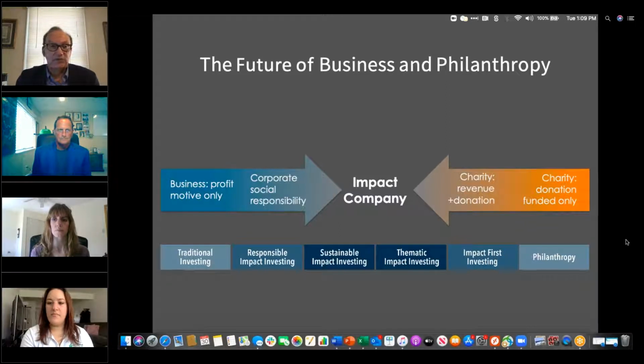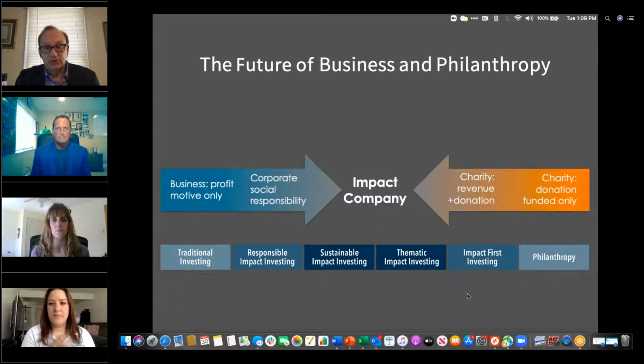Investments can be made into for-profit or nonprofit, but on the slide, the audience will see that this blend between for-profit and nonprofit meets in the middle in an impact company that is intentionally trying to do good in the world.